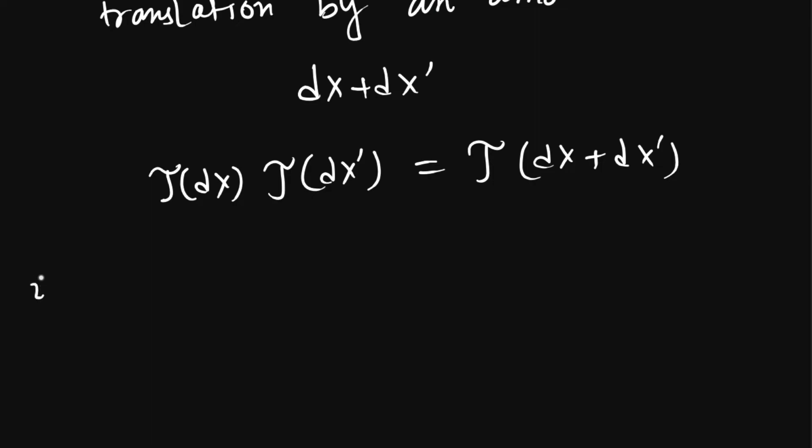The next property, the third property, is translation in the opposite direction.